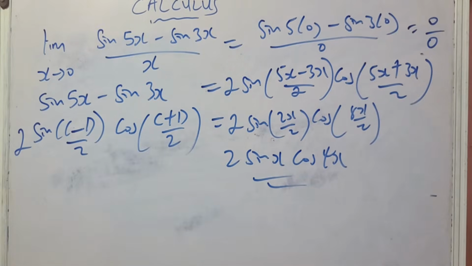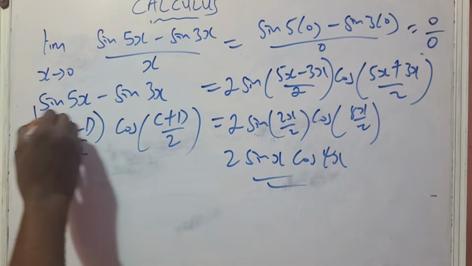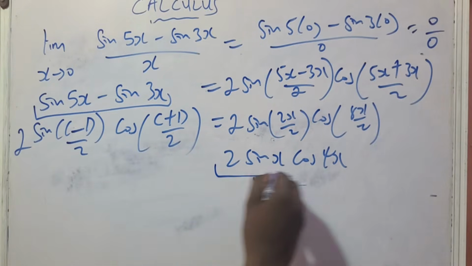I told you about the need for you having good knowledge in trigonometry for you to enjoy calculus, especially when you are dealing with circular functions, which is a very examinable aspect of calculus. Now, this means that instead of writing sine 5x minus sine 3x, this is what I'll be substituting.